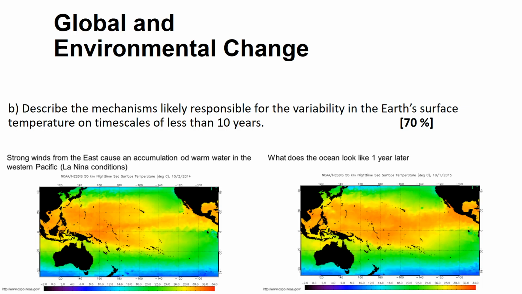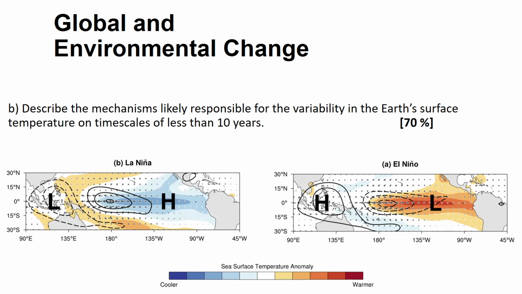Now, you could have gone into the mechanisms by which this oscillation occurs, what is causing the water to pile up on one side of the ocean and not the other, in terms of the prevailing wind direction being from east to west.